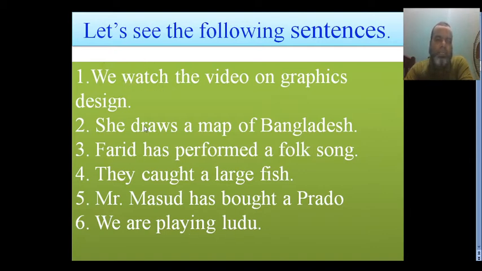Watch in the first sentence, draws in the second sentence, performed in the third sentence, caught in the fourth sentence, bought in the fifth sentence, and playing in the sixth sentence. Think about these words: watch, draws, performed, caught, bought, play.